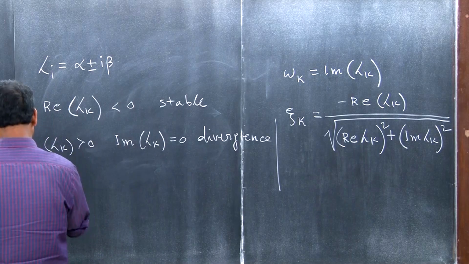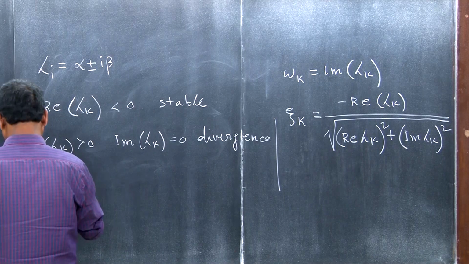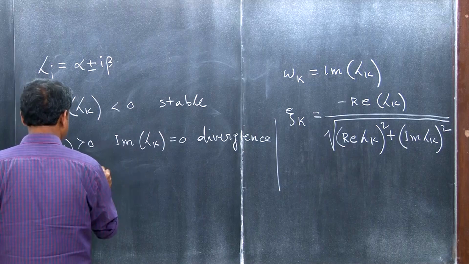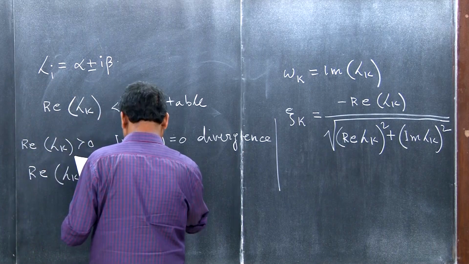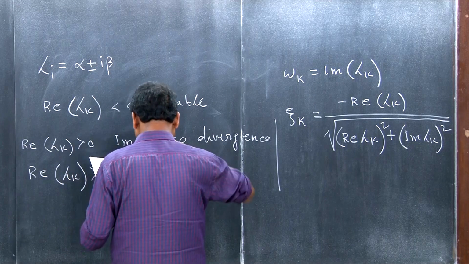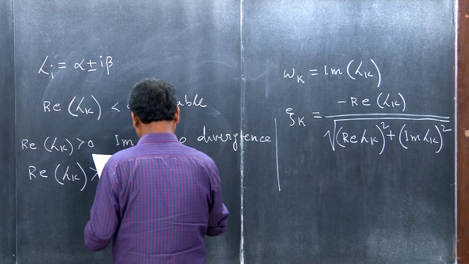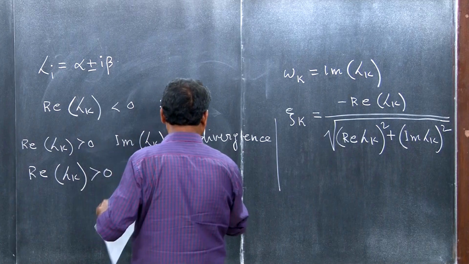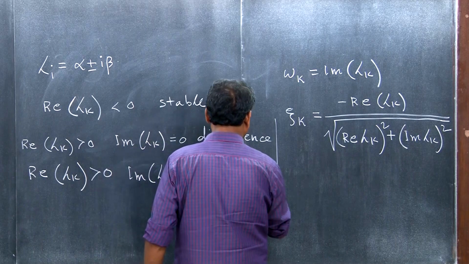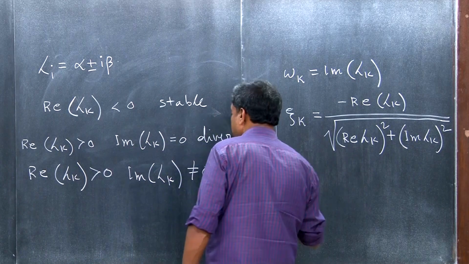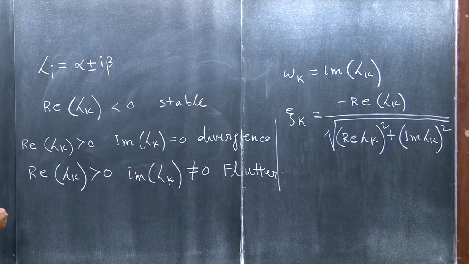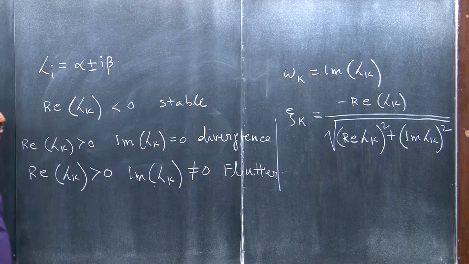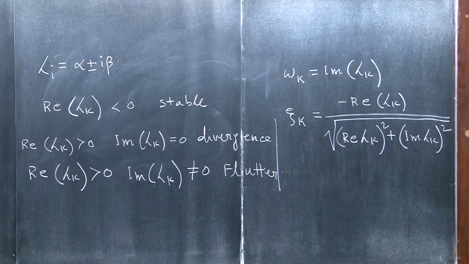And then the other case, where the real part is positive, is basically flutter. That means it is negative damping, and then there are frequencies, so it will perform oscillatory motion, but its amplitude will grow.